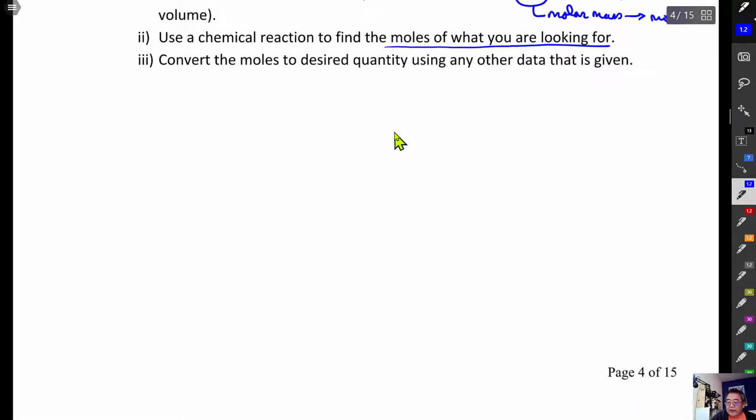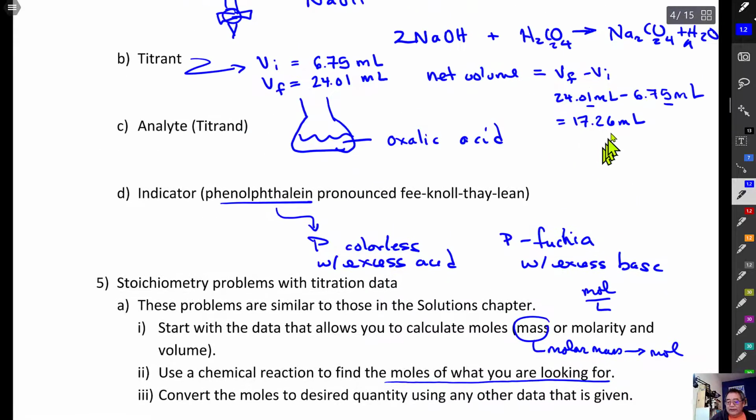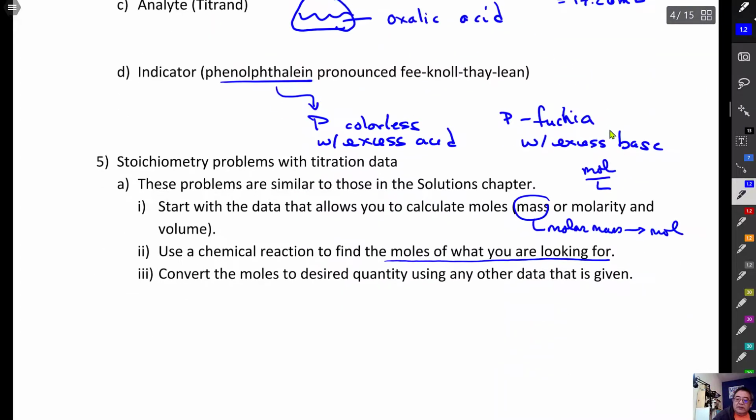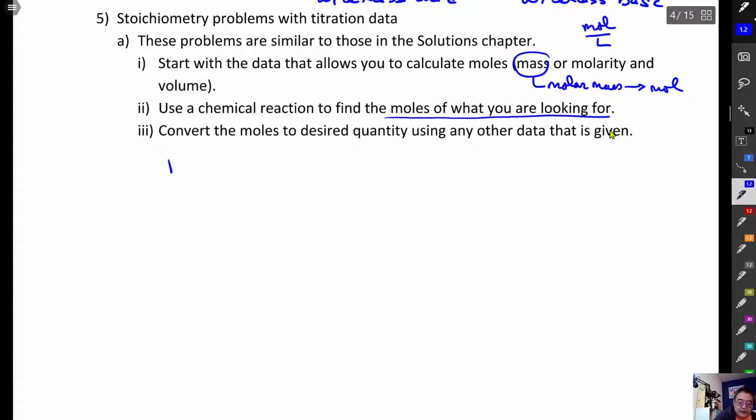So here's our example. We're just going to use the data that we just took off the video. But let's say it takes 17.26 milliliters of sodium hydroxide to titrate.